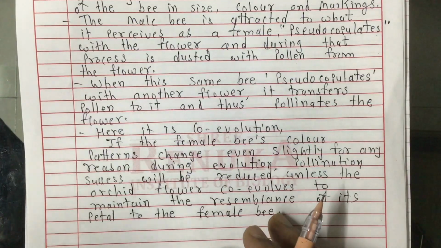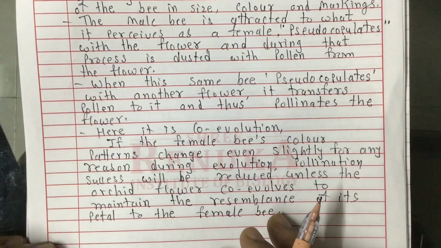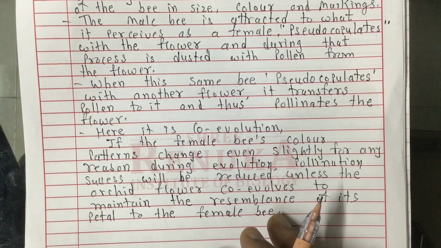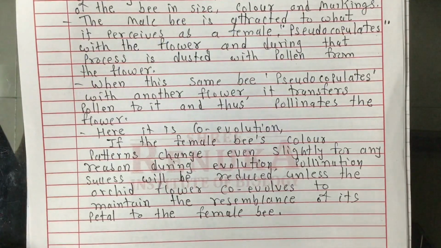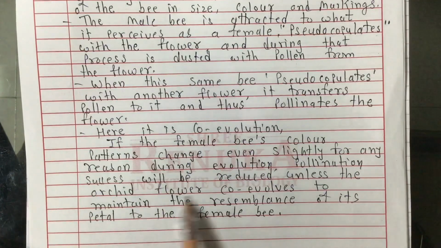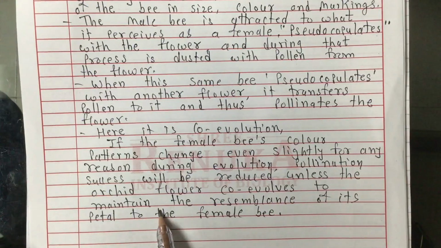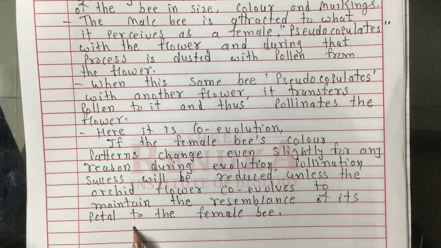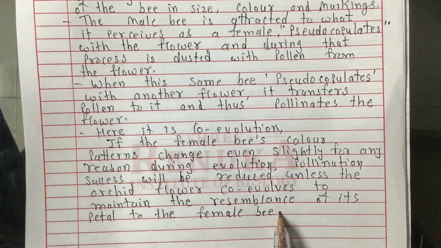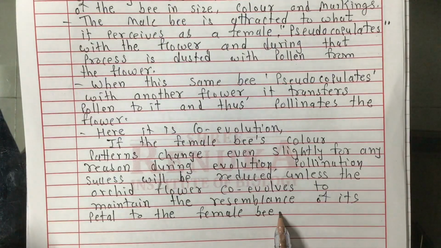Till the petal of the orchid flower resembles the female bee, in such condition only, the male bee visits the flower and does the false copulation or pseudo copulation. Unless the orchid flower co-evolves to maintain the resemblance of its petal to the female bee, we can say the pollination is possible between these two organisms.